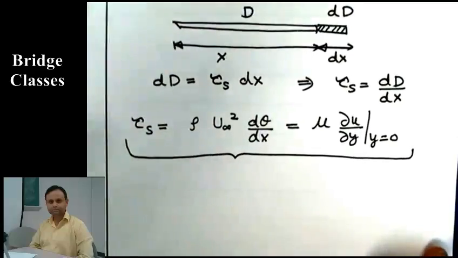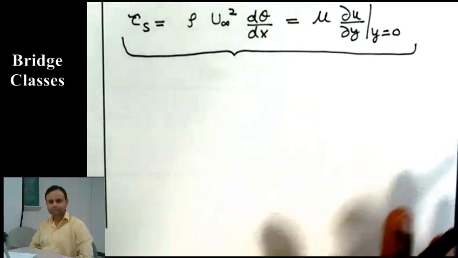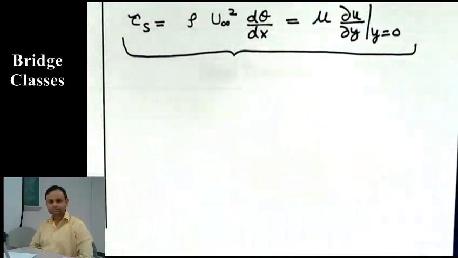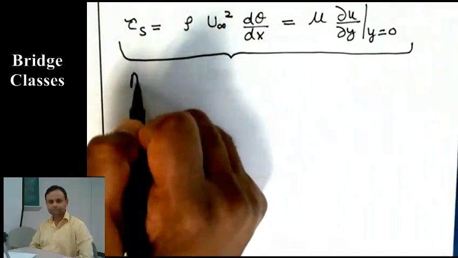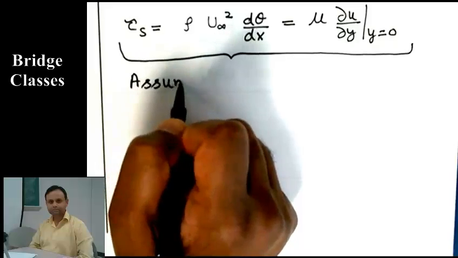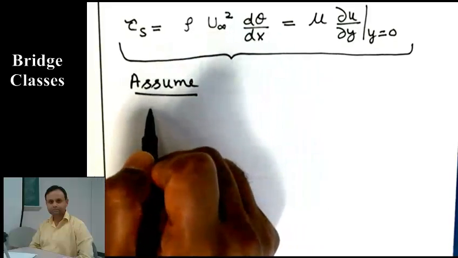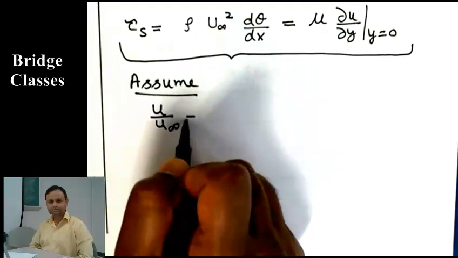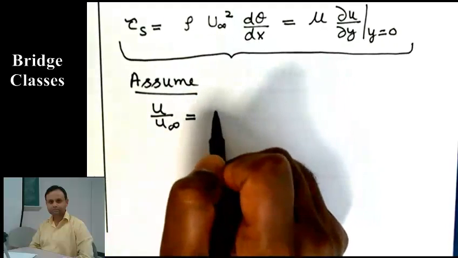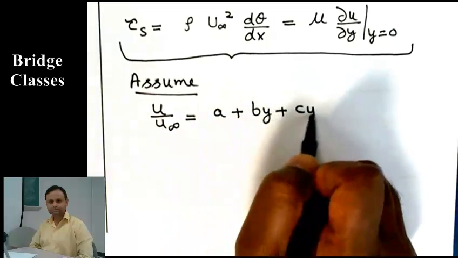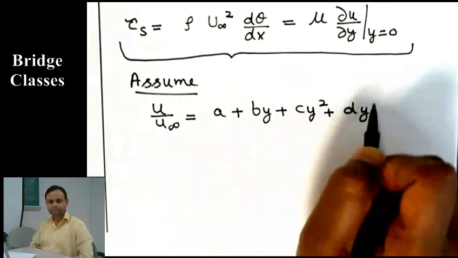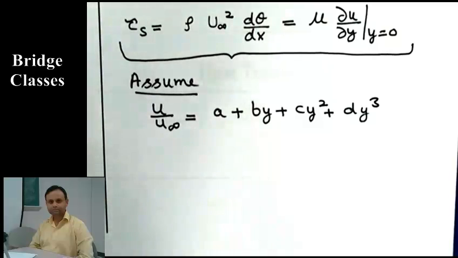Now there are different ways to assume the velocity profile. I'm going to do one of those which is relatively more rigorous. So if you assume u over u infinity is a plus by plus cy square plus dy cube, it's a third order polynomial.